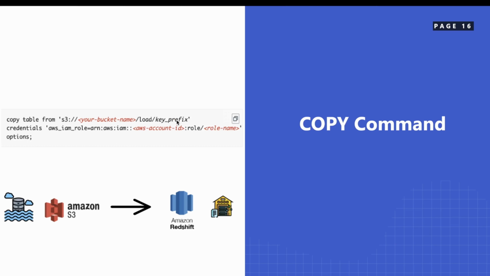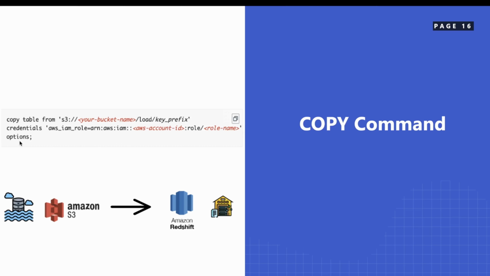This is your URL, and to access this URL you need your Amazon S3 credentials. By typing credentials here, you can give aws_iam_role. You can also give the aws access key and secret key in this quote.